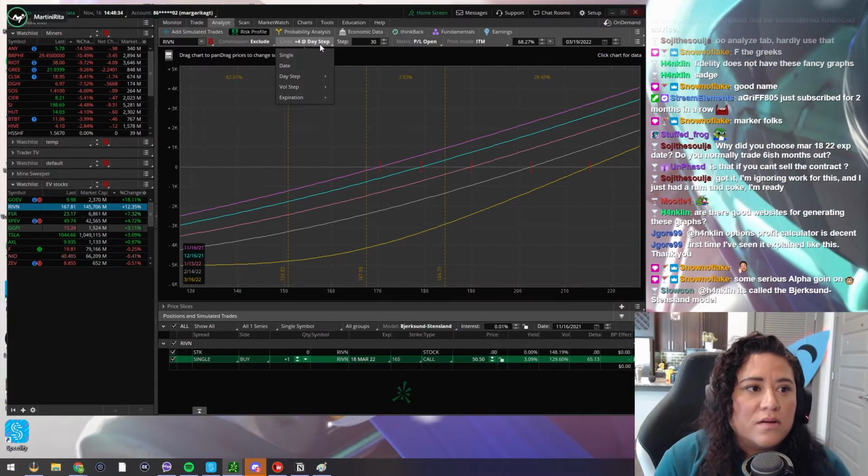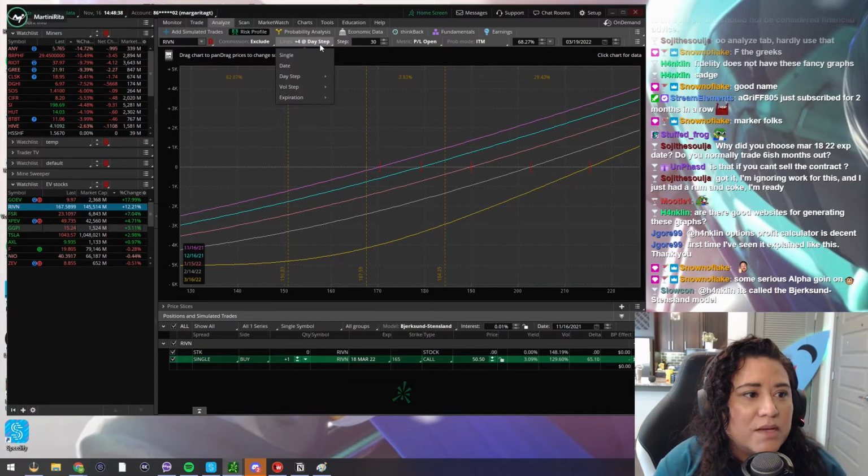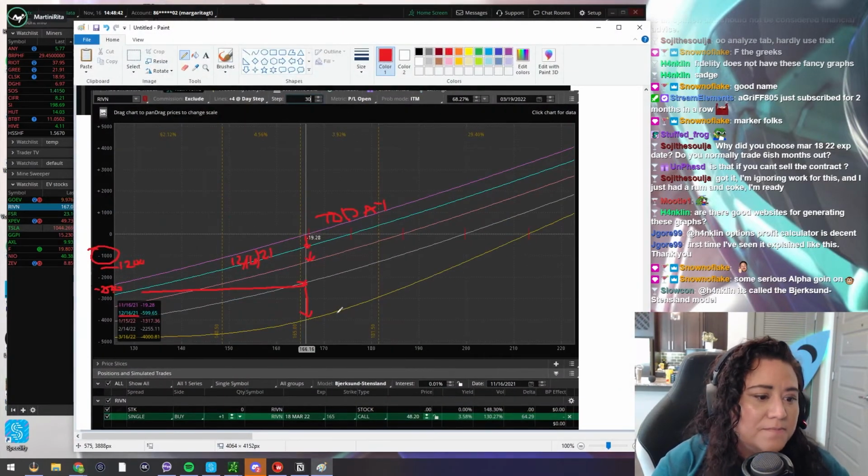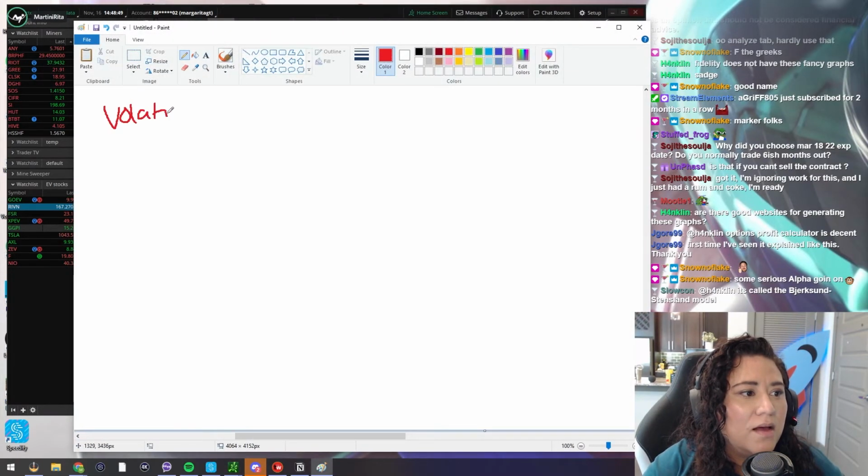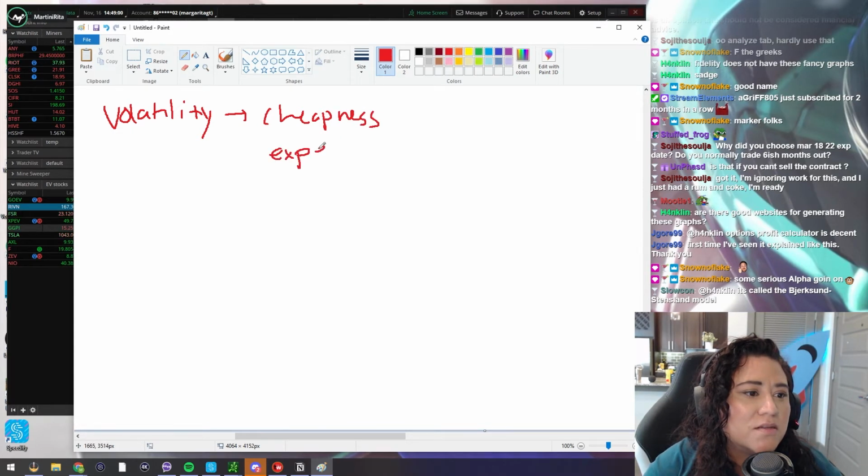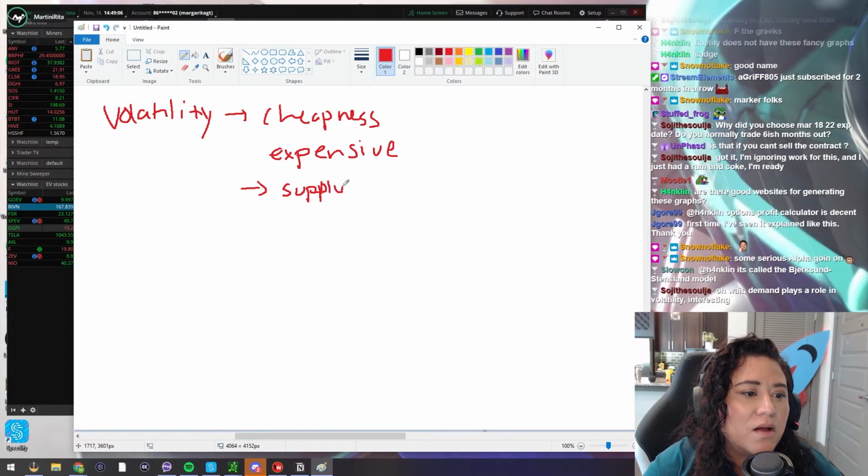And if more people are demanding options, the price goes up. What is that? That's called volatility. A lot of people like to talk about it as a fancy name, but volatility is just the cheapness or how expensive an option is. It is driven by the supply and demand of the individual option.